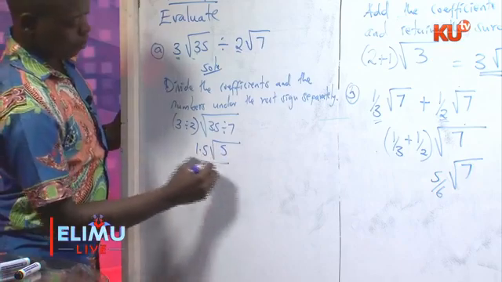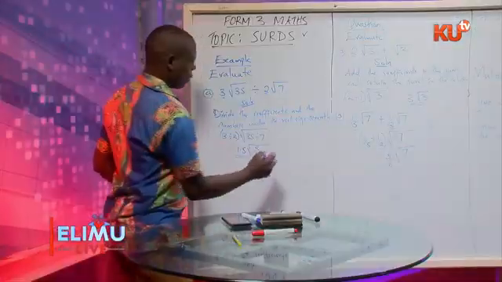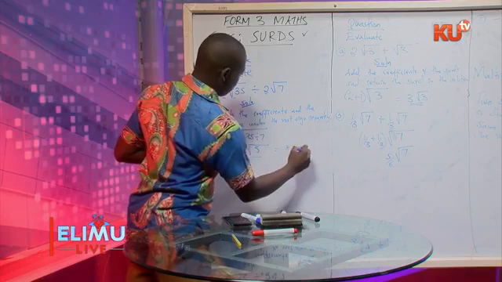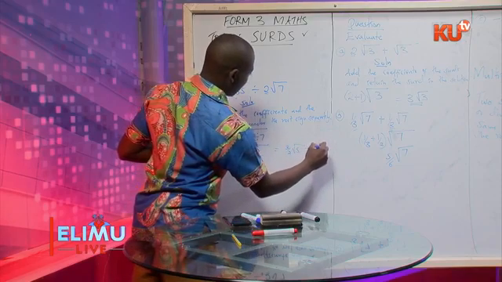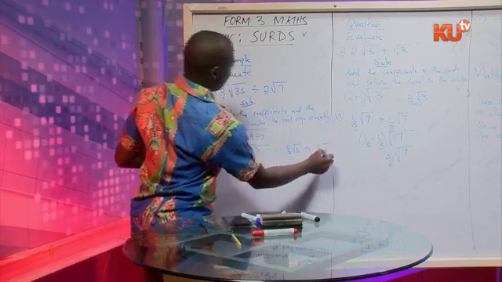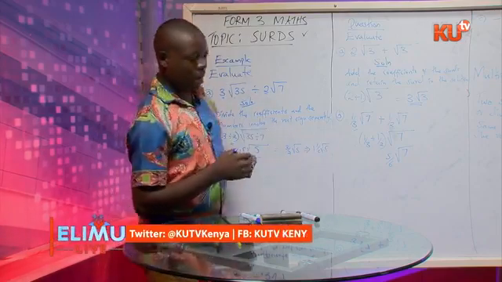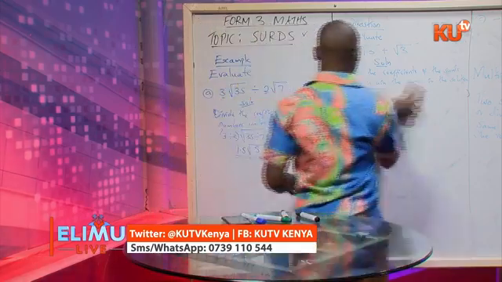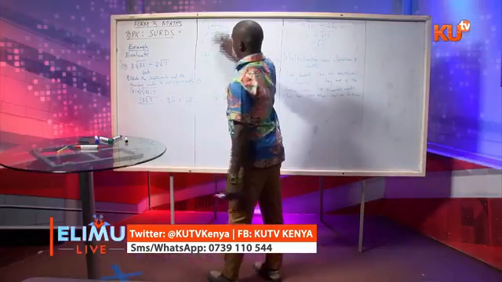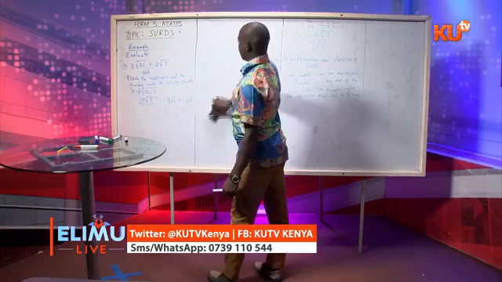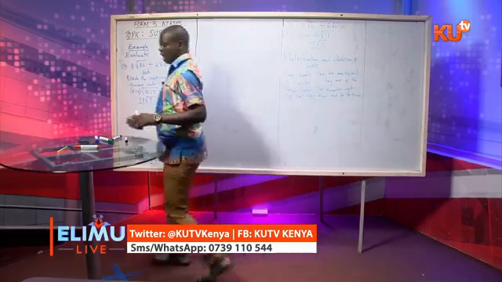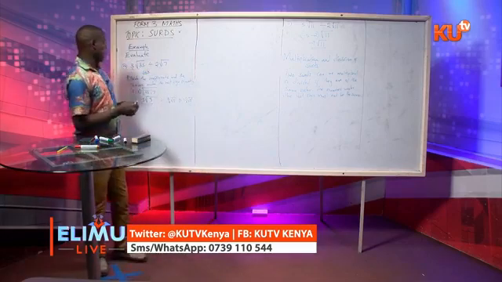So this is our solution: 1.5 root 5, which can simply be written as 3 over 2 root 5, depending on what you've been asked to write. So you divide the two surds by looking at the coefficients, and then at the numbers under the root sign.